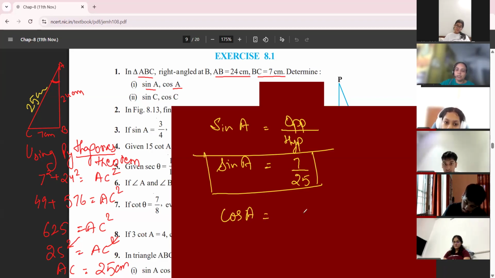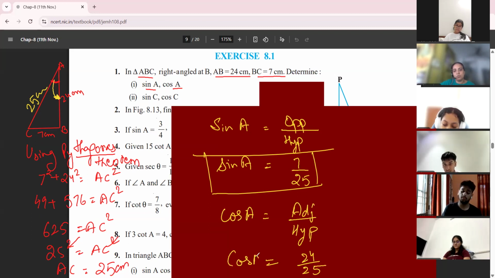Cos A is adjacent by hypotenuse. So adjacent is 24 by 25. This is the answer to cos A. Got it or not, beta? Is this question tough? Nahi na? Okay.